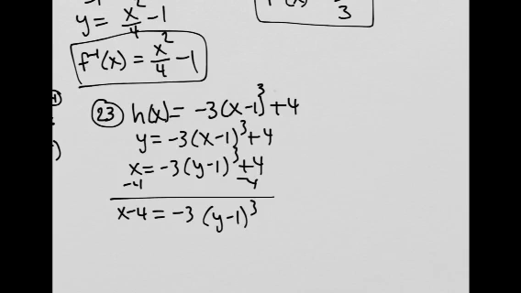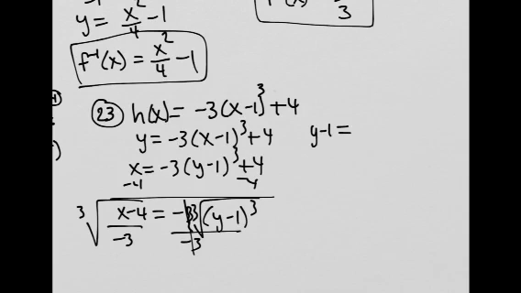Okay, now I'm going to divide by negative 3. So that leaves that. Now I'm going to take the cube root of both sides. Okay, because I've got to get rid of that radical. So cube root of both sides. So all those 3's get confusing. So now I have y minus 1 equals, I just switched the sides, but it's the same thing, right? This.